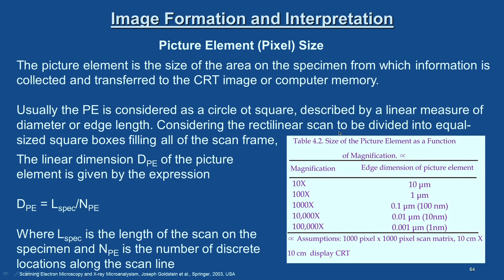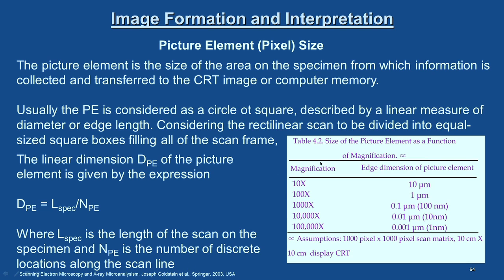Considering the rectilinear scan to be divided into equal sized square boxes filling all of the scan frame, the linear dimension d_PE of the picture element is given by the expression d_PE equal to L specimen divided by N_PE, where L specimen is the length of the scan on the specimen and N_PE is the number of discrete locations along the scan line.